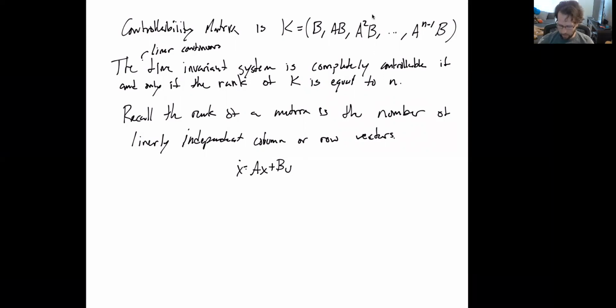Okay. And so once you have n linearly independent vectors for your matrix K, then you know that your system is controllable. Now you can find a control input. You know that there exists a control input at least that takes you from your initial point at your initial time to your final point at your final time. Okay.